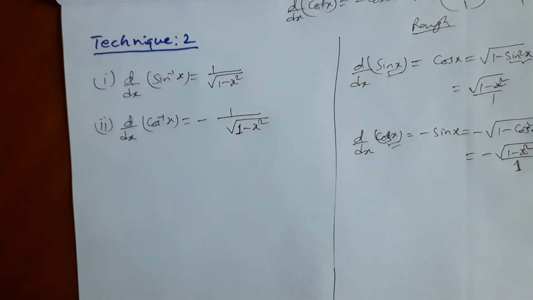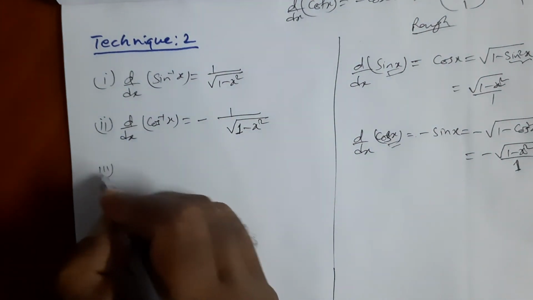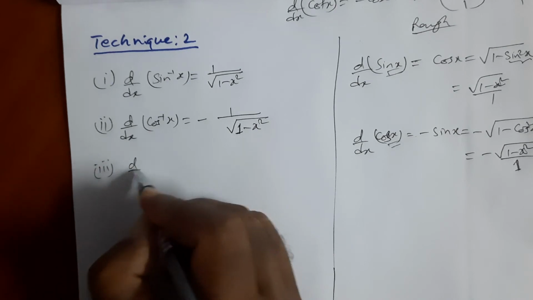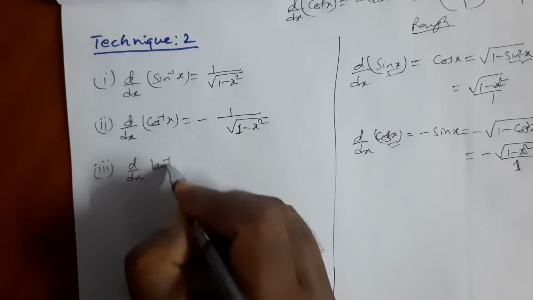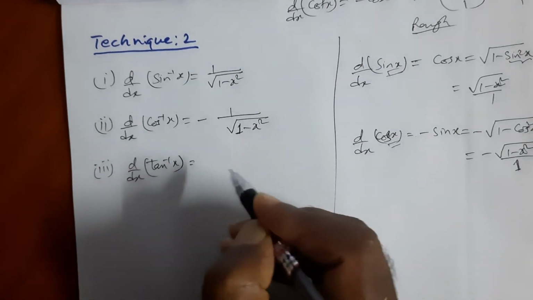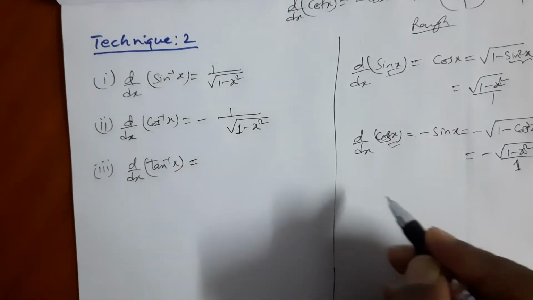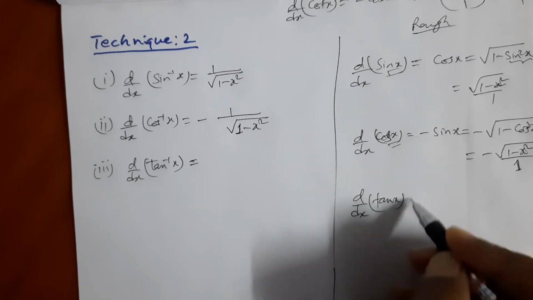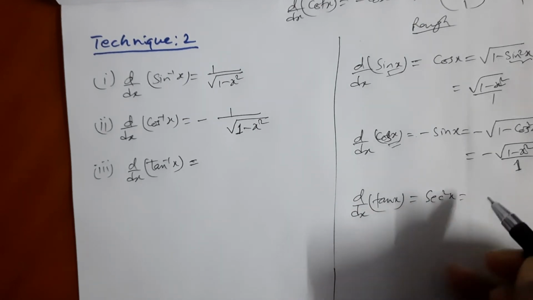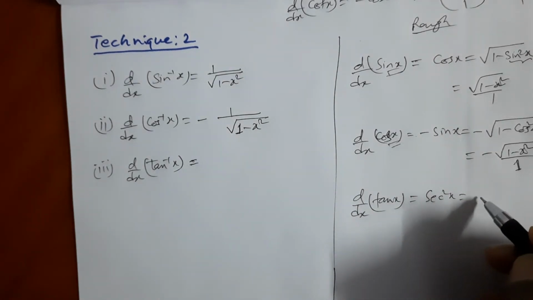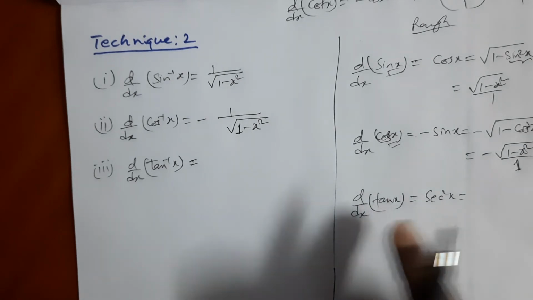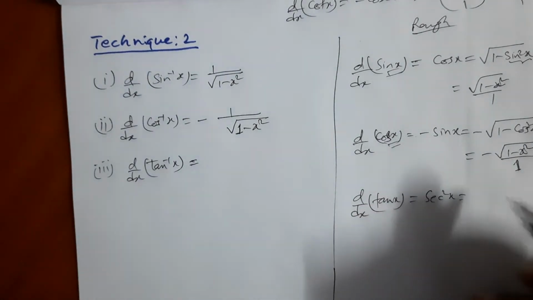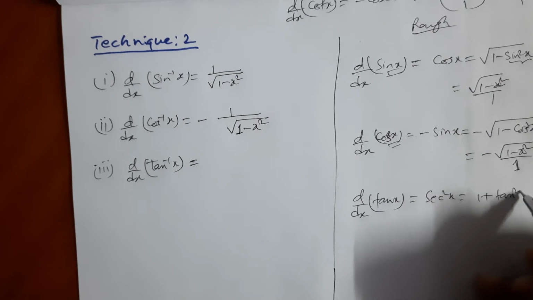Now the third one is the derivative of tan inverse x, and for this also we take help of the derivative of tan x. The derivative of tan x is sec square x, and sec square x can be expressed in terms of tan as 1 plus tan square x.